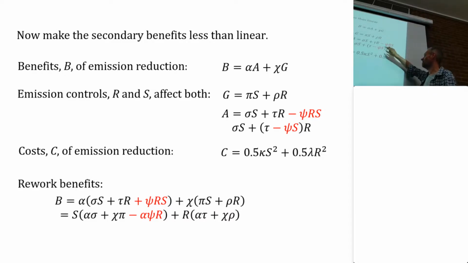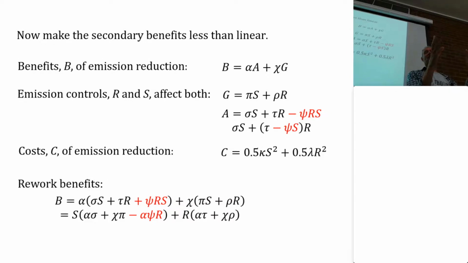And this is one way of writing it. This is perhaps a clearer way of writing it. This tau that you see previously was the effect of greenhouse gas emission control on air pollution. Now I'm going to say, well, this tau is going to be smaller if I work harder on air pollution. Right? So the way to think about this, if you switch from coal to gas, you reduce greenhouse gas emissions and air pollution.